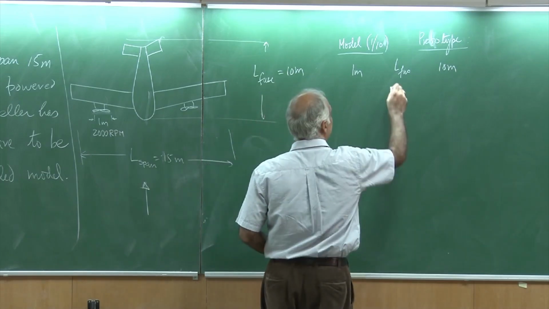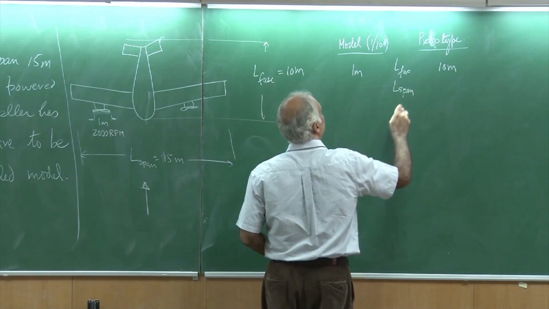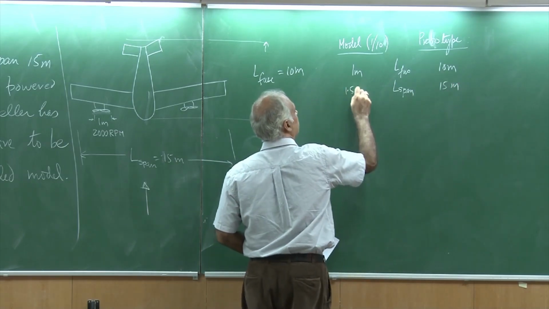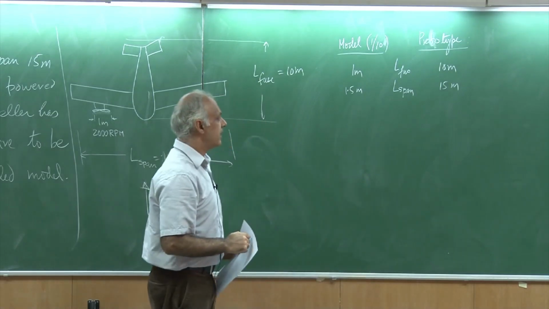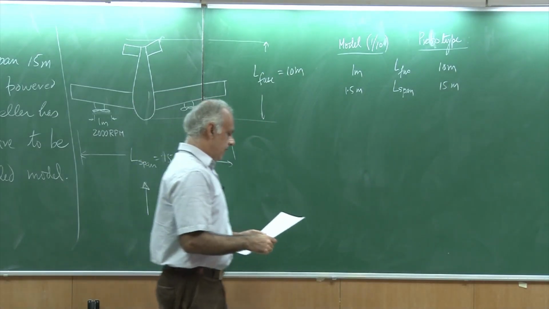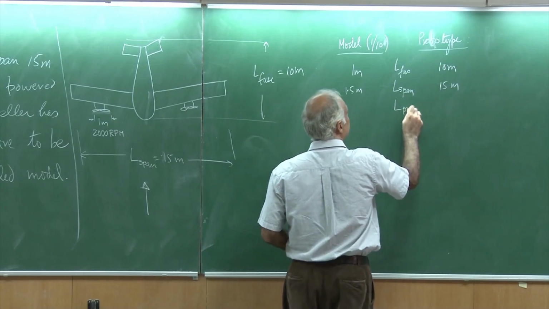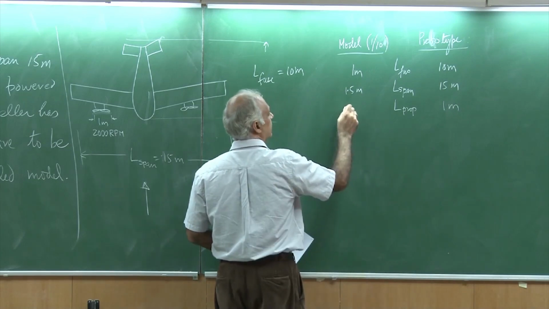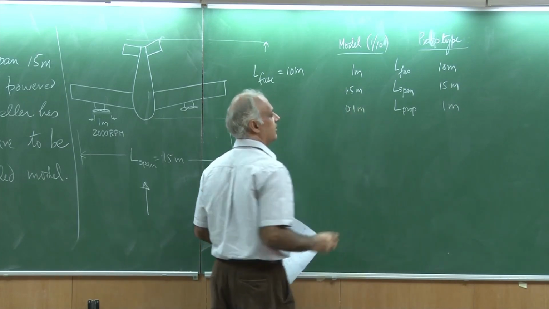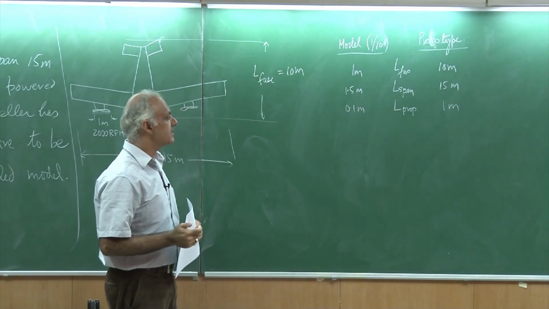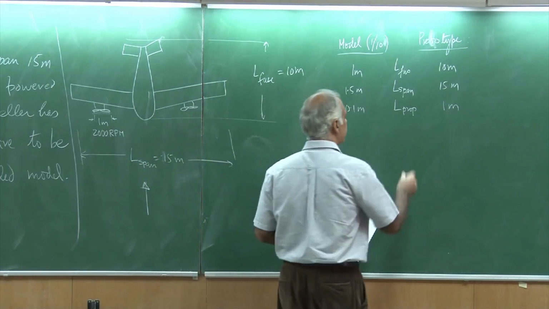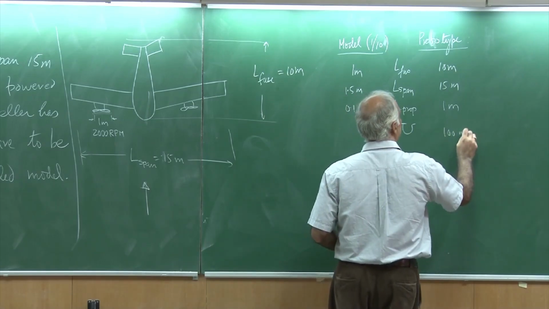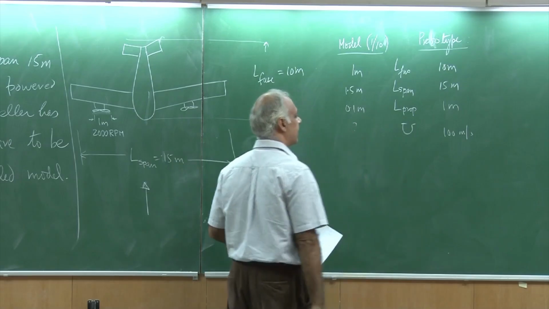If I talk about the L span, this is 15 meter and this is 1.5 meter. If I look at the length scale of the propeller, in this case the diameter, this is 1 meter and this is only 10 centimeters. So, it would be a very tiny propeller. And if I look at the speed, this is 100 meter per second and this I need to figure out.